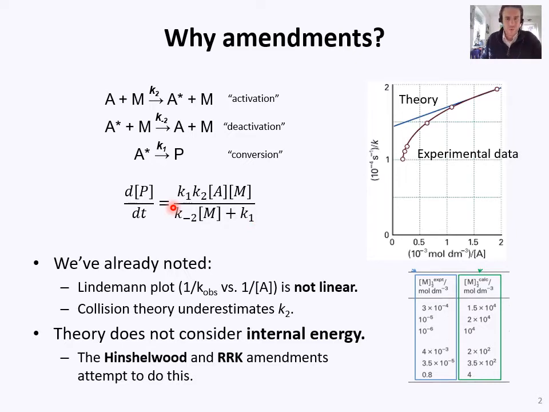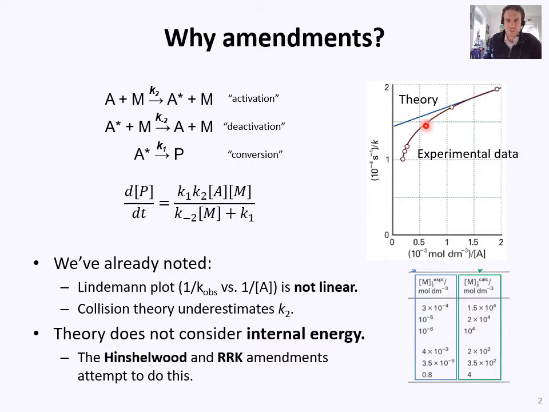But when we tried to use this theory in a more advanced way, we could linearize this equation somewhat and generate a Lindemann plot, by rearranging this to pull the concentration of A out to here, and then you are left with the rest of it, which is your observed rate constant. If you plot 1 over the observed rate constant versus 1 over the concentration of your reacting species A, you'd expect it to be linear based on the Lindemann theory, but it is not.